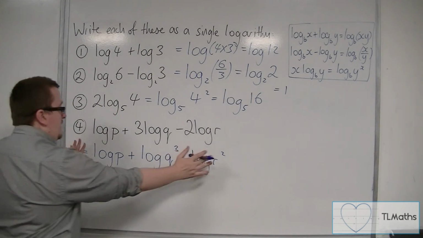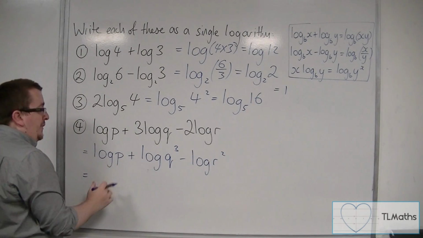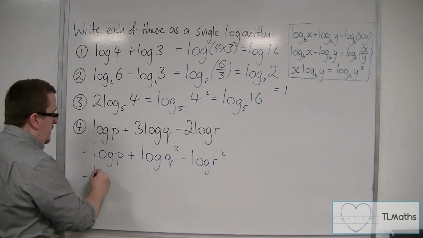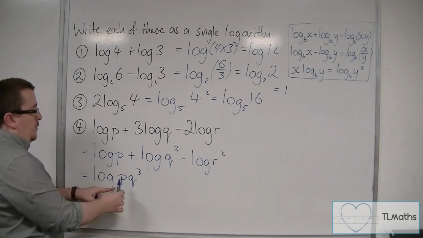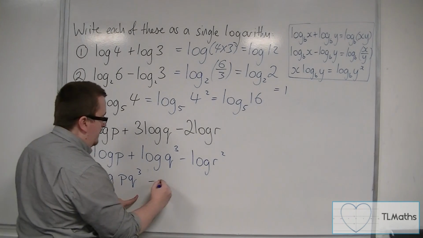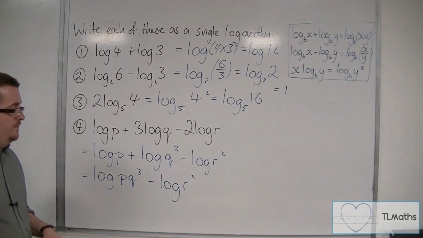So let's deal with these first 2. So you've got log of p plus log of q cubed. Now the logs are of the same base, so you can multiply the p and the q cubed together. So log of pq cubed, take away log of r squared. That stays the same.